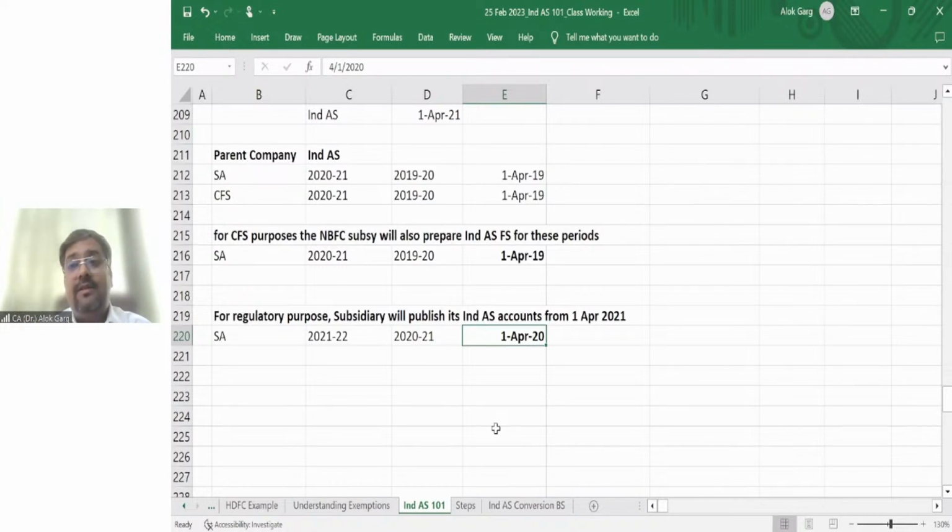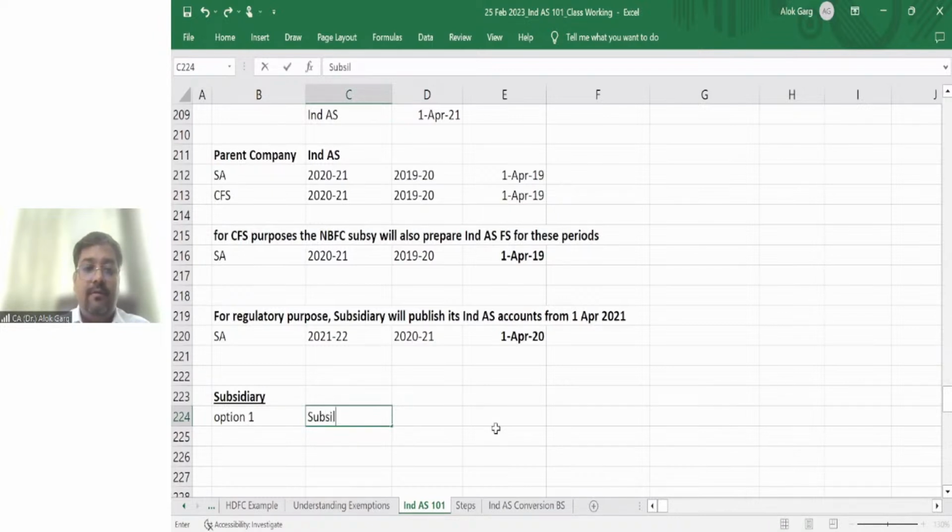So what are the options available to the subsidiary? The first option, option number 1: the subsidiary will apply Ind AS 101 from 1st April 2020.